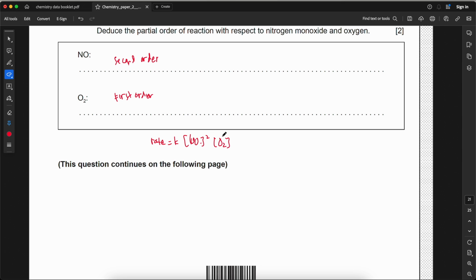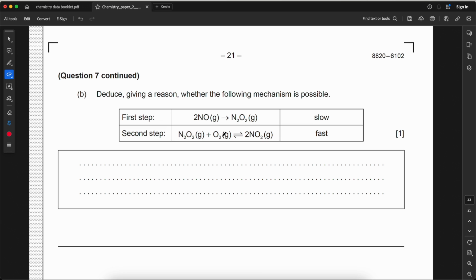All right. Deduce, giving a reason, whether the following mechanism is possible. So the slow step will be the rate determining step, and O2 will not be counted because it is in the fast reaction.